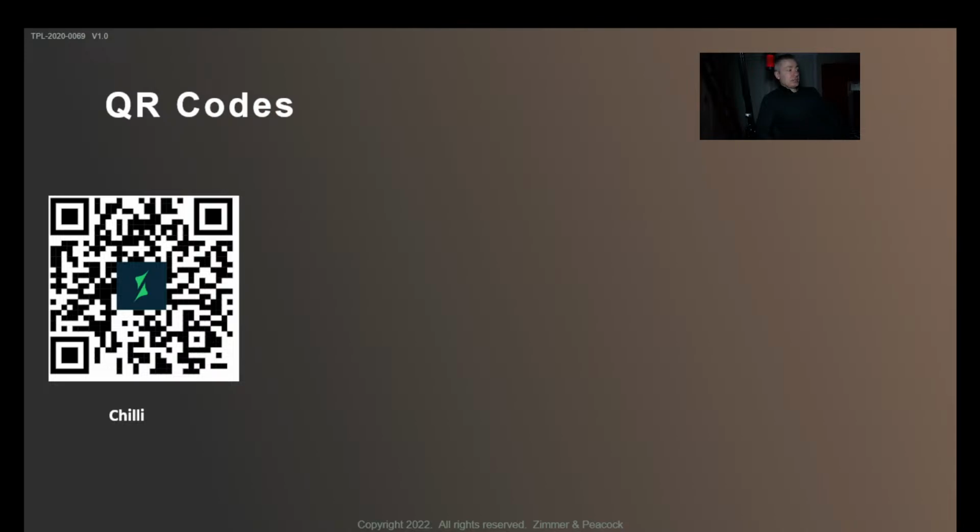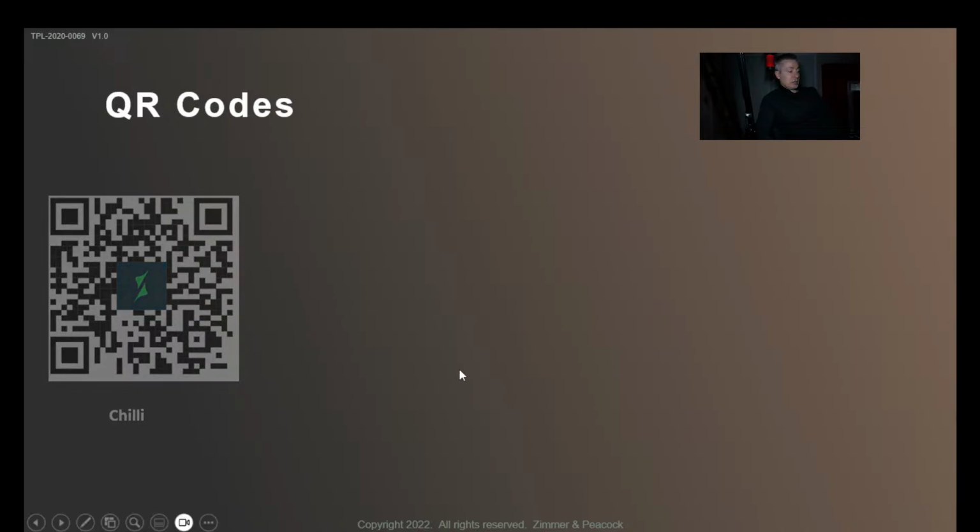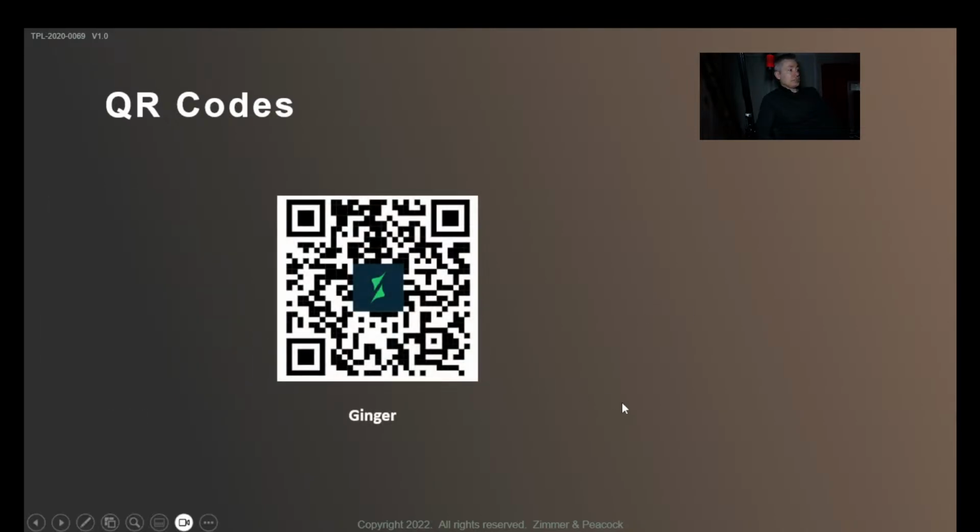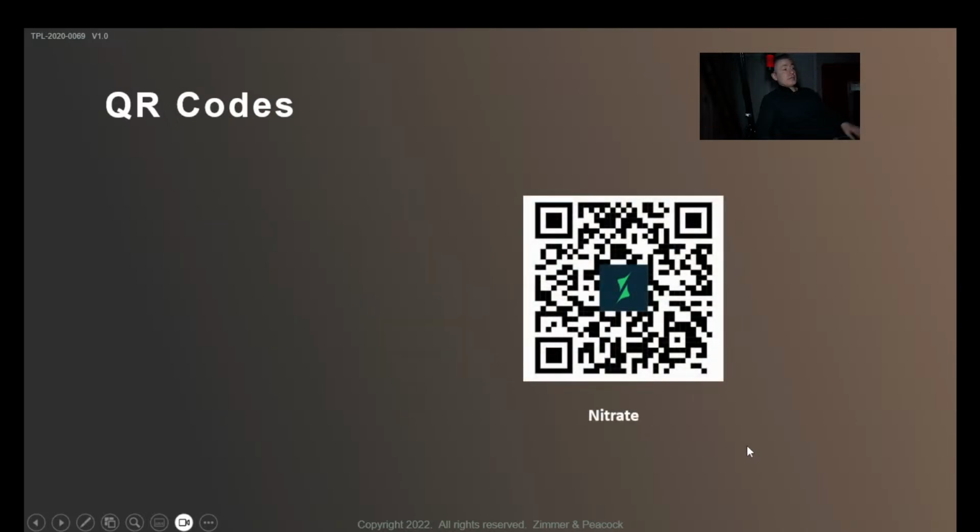We have chili. So if you're interested in measuring the capsaicin or the Scoville heat units of chili, you can scan that code. If you're interested in measuring the gingerol in ginger, you can scan this code. This one is really more for the agricultural guys and the water quality guys. This is nitrate.